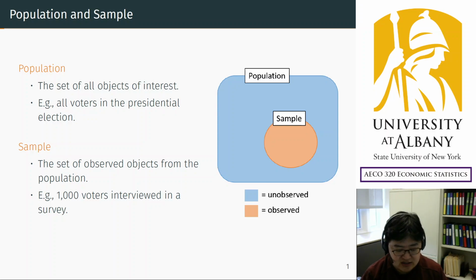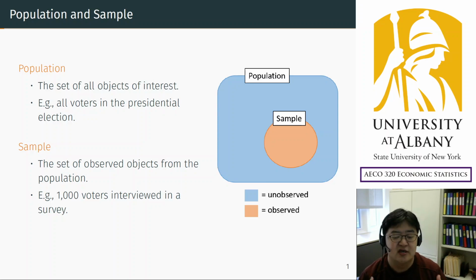In this estimation problem, the population is just everything you want to know. If you know the population, that means you have perfect information in that problem. In our example of election forecasting, the population is the voters.